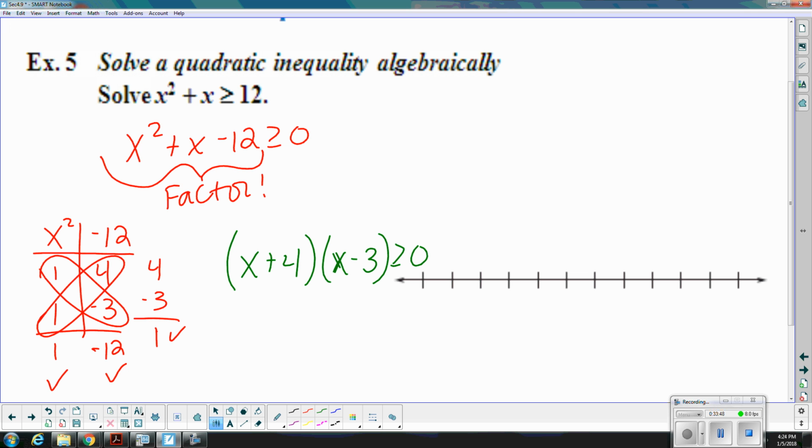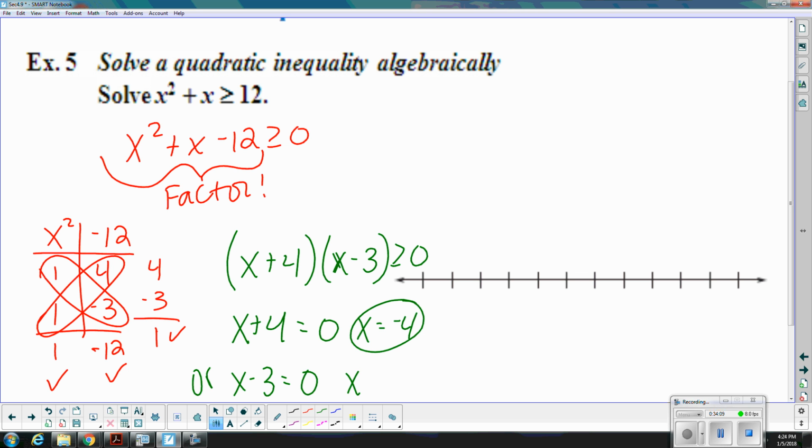So I need to solve for my x values first. So either x plus 4 equals 0, or x minus 3 equals 0. If x plus 4 equals 0, then x equals -4. So that's one critical x value.